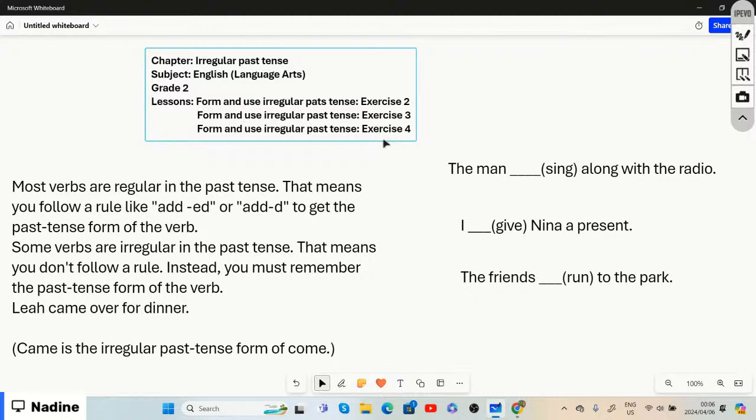You add ed or you add d to the word. So with regular past tense, you follow rules like either adding ed or adding d to get the past tense verb.